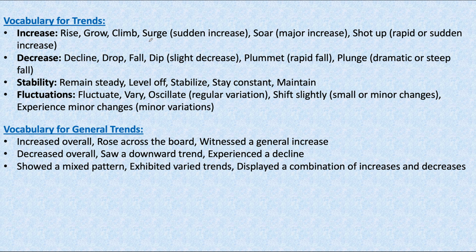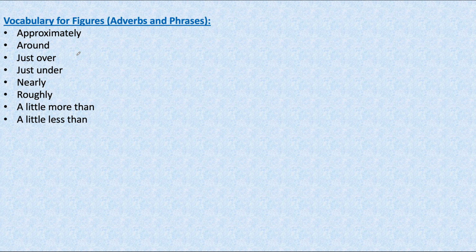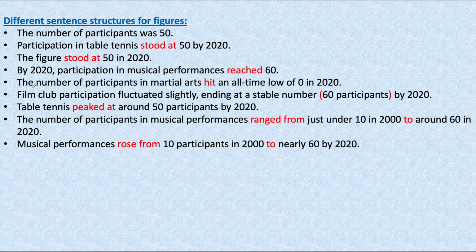For example, surge conveys something different from increase, and plummet is a stronger word than decrease. Next, we have some key terms for making comparisons, which can help us highlight the differences and similarities between the activities. Finally, it's essential to present figures clearly. We can use adverbs like approximately or roughly. Also, we can use different types of sentences to give figures.